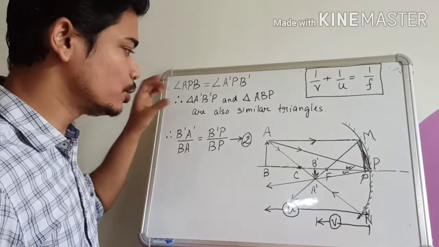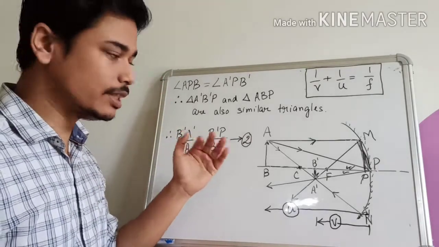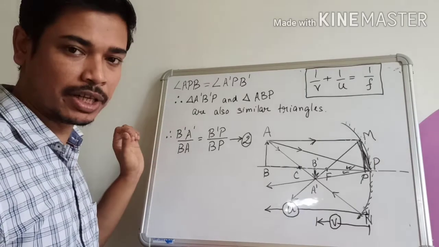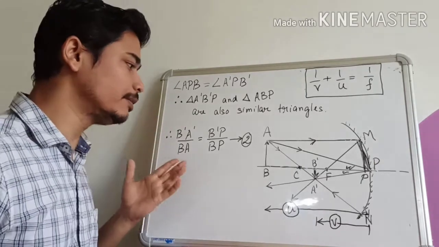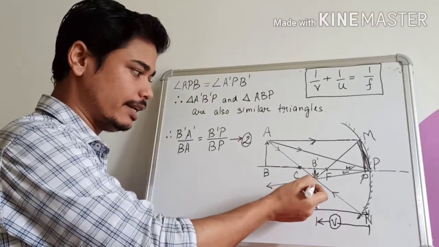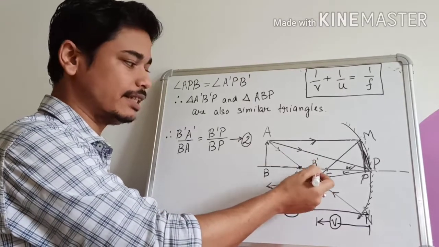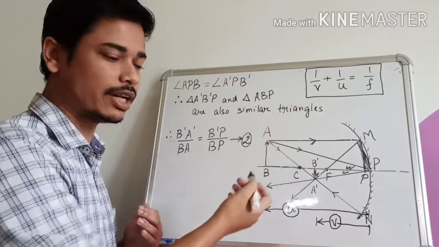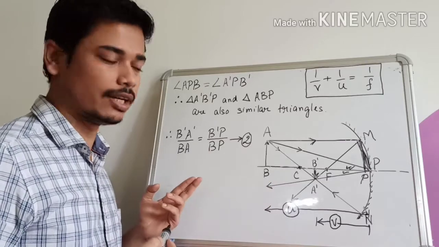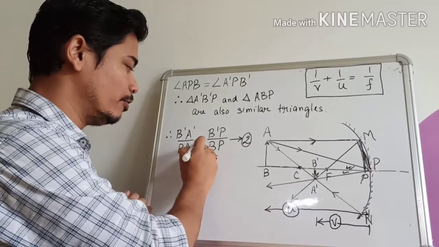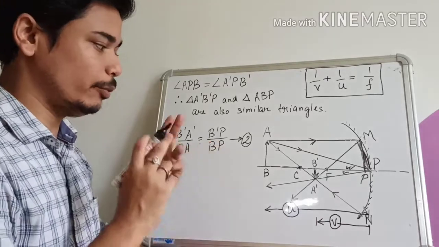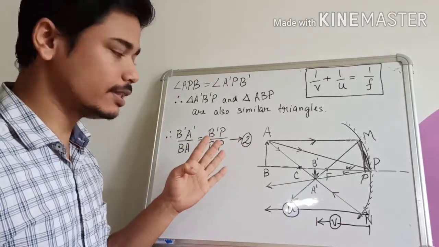So if these two are similar triangles, then we can use the similarity condition, right? For this, if we are going to put the similarity condition, then what can we write? The first side of the first triangle, A'B', or we can say B'A', corresponds to the side BA of the second triangle. Similarly, we have put an equal to sign here. We are using the similarity condition, so we have to consider minimum two sides of the triangles.